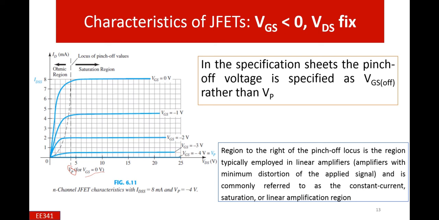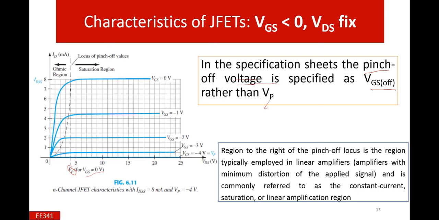So we are approaching the point where VGS is -4, which is equal to the magnitude of the pinch-off voltage. In the specification sheets, the pinch-off voltage is sometimes represented by VGS(off) instead of VP, and this is important.